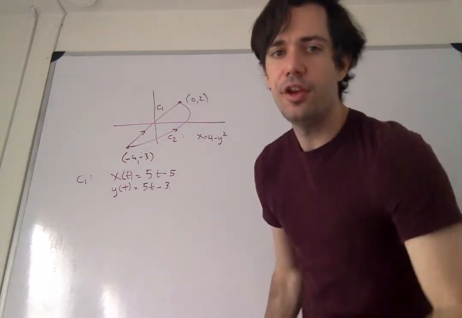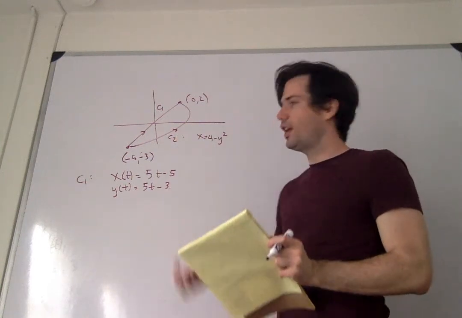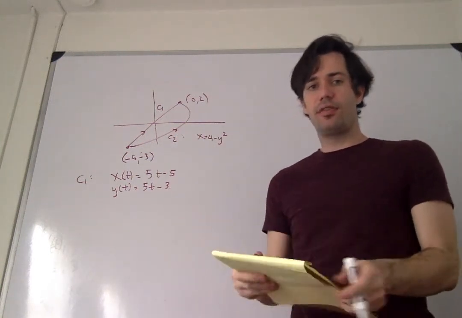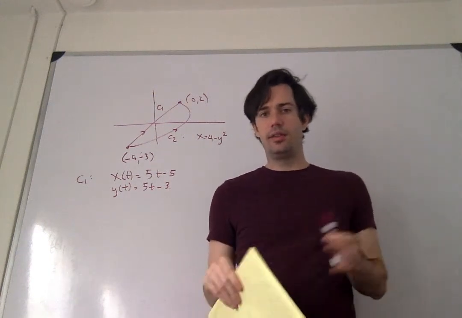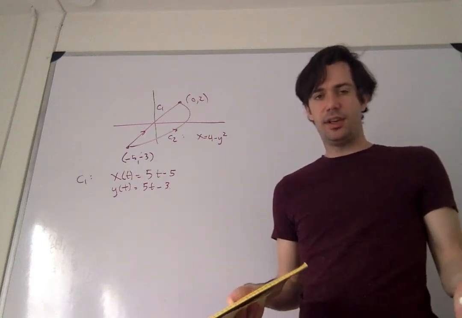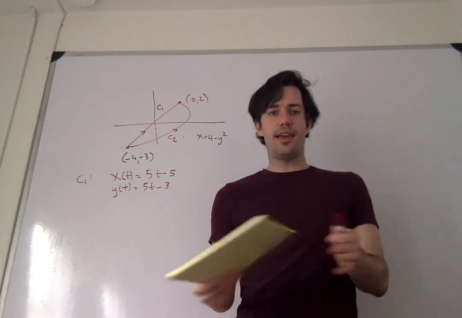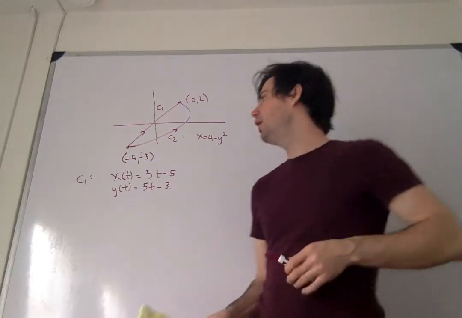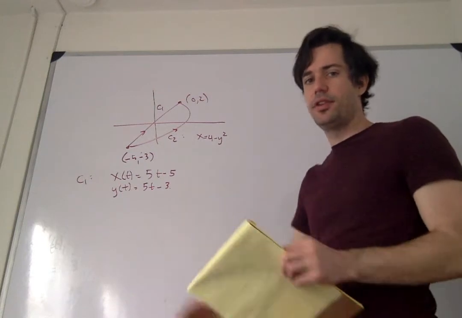Again, you don't have to use this particular parameterization for the straight line. You could actually solve for y, say y equals mx plus b, solve for m, solve for b, and then let x equal t, so that y equals mt plus b. You could do that, but I'm just going to tell you, this will work.